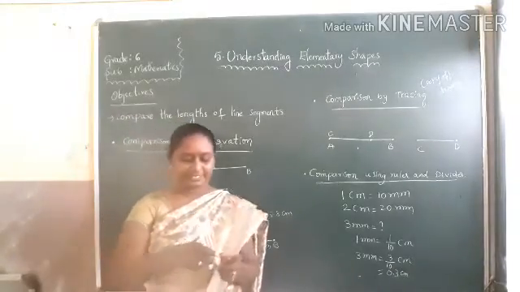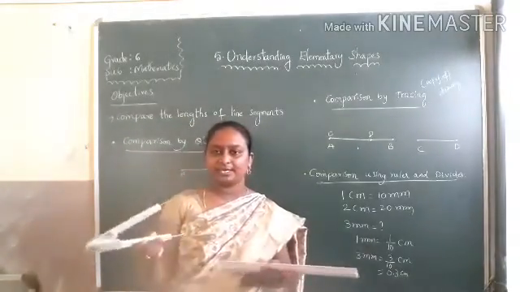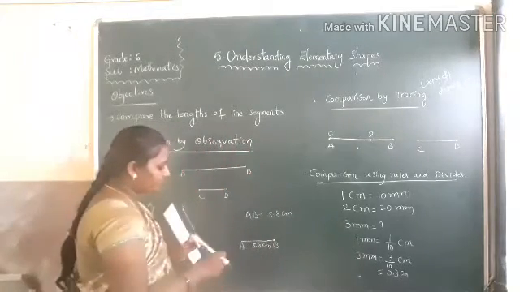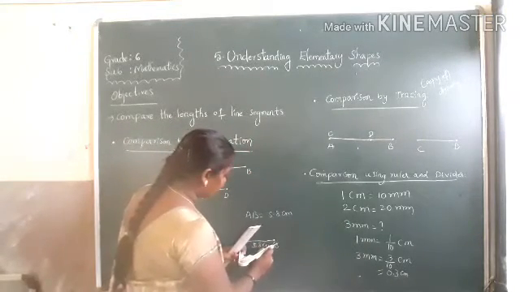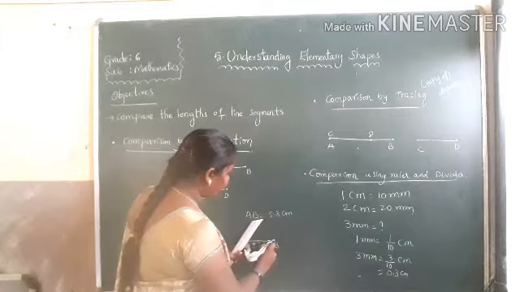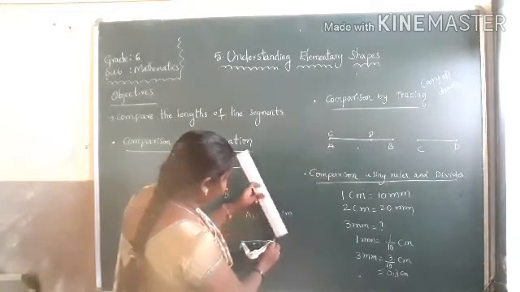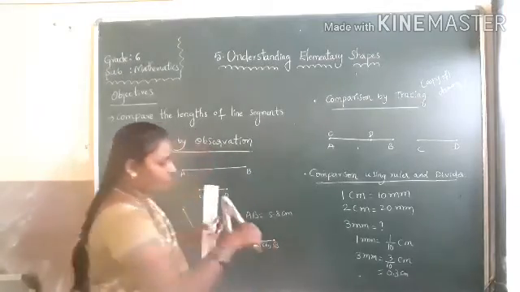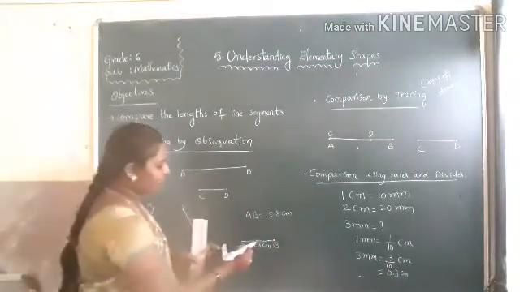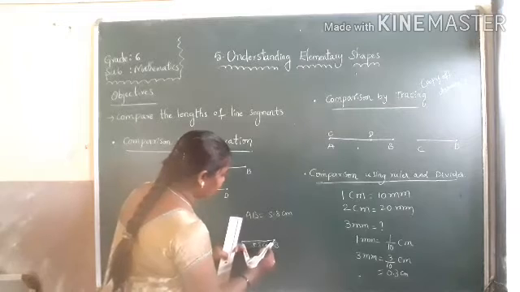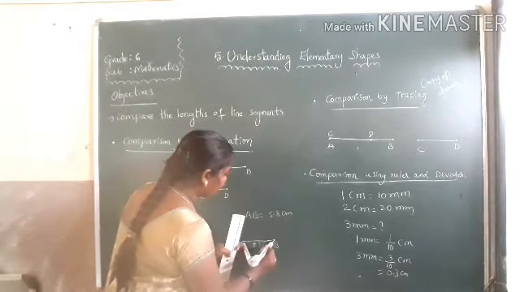The divider is used to measure the line segment. Here we measured this line segment by using the ruler. Now take the same with the help of the divider. With the help of the divider, you don't disturb it. First open the divider and place it on the line segment AB.